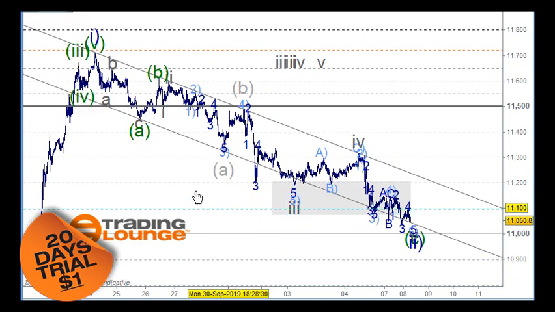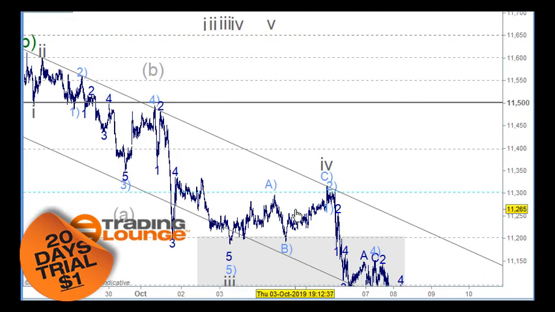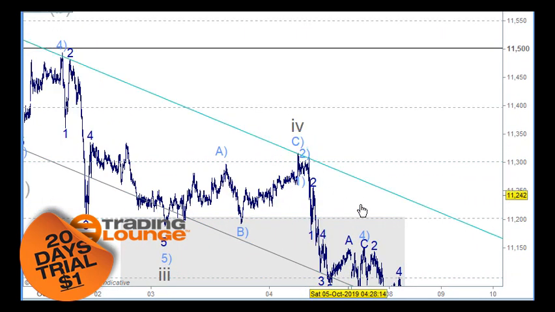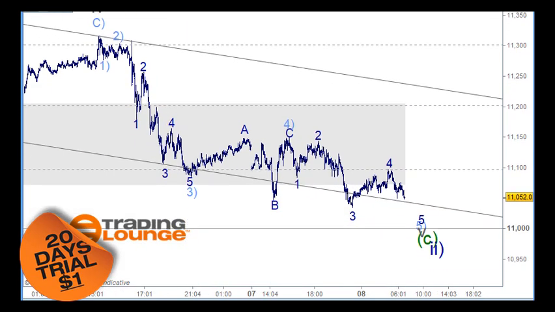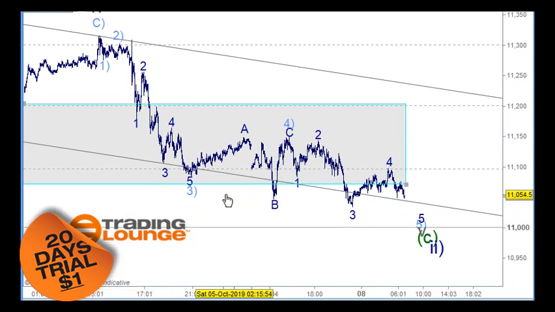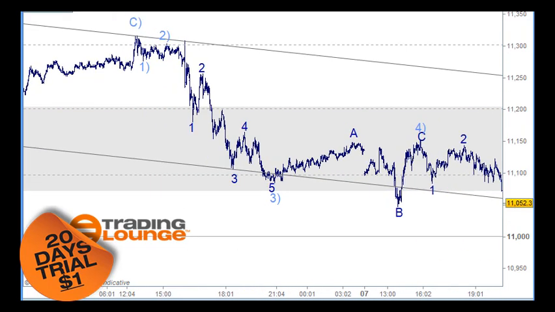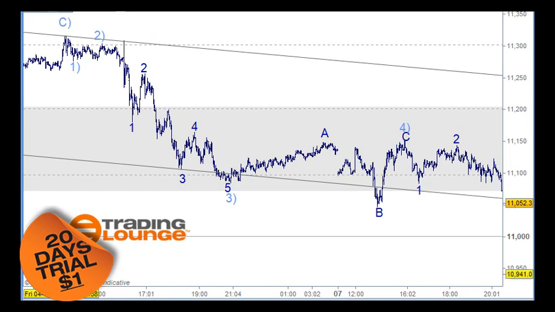We've still got, this is the A wave, the B wave here, and 1 and 2 here, and then all the way down for 3 here. A bit hard to squash it all into this chart here, and then wave 4. So we're still in that sequence there, but now this has dropped a little bit further here. I was looking at this as wave 1 here and wave 2 here. Let me just open this up so you can see it.